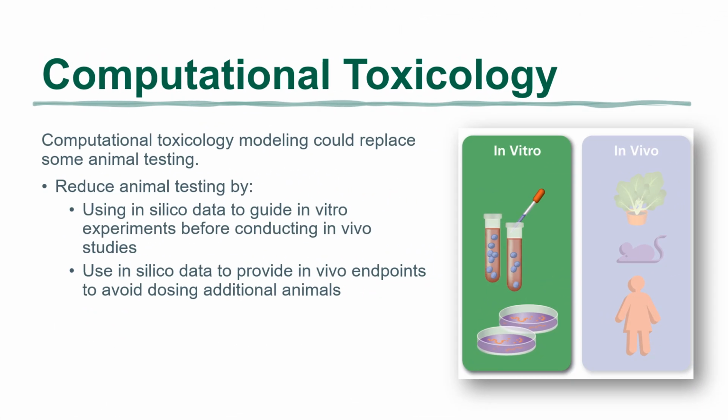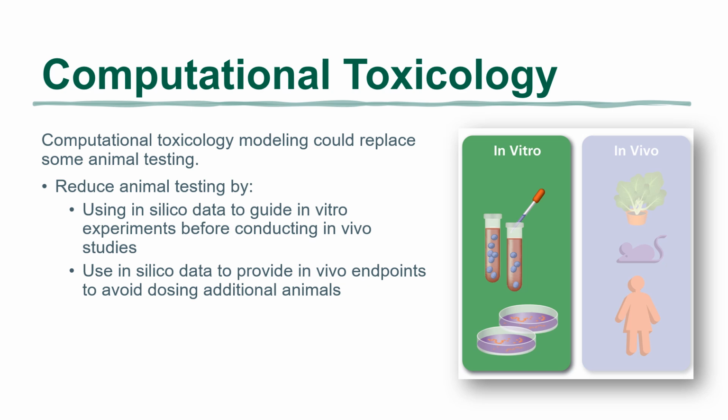Computational toxicology modeling is an excellent example of reduction. This method leverages computer simulations and data analysis to predict toxicological effects, minimizing reliance on live animal studies. It uses computational models to predict outcomes and guide the design of in vitro experiments.